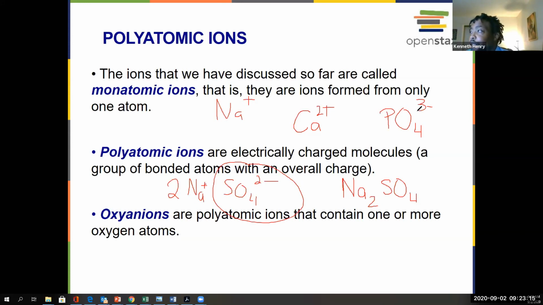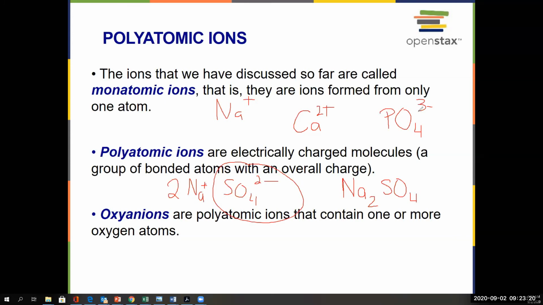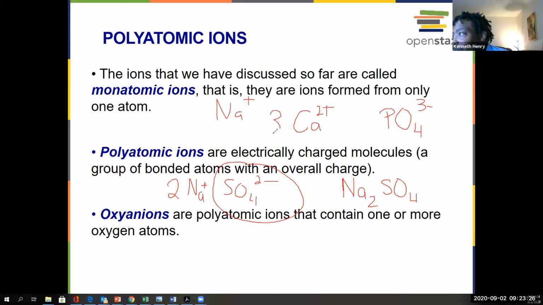Here we have +2, this is -3. So I'll need 3 calciums and 2 phosphates. My ionic compound will be written as Ca3PO4. Now we need 2 of the phosphates, so we want to put parentheses 2.